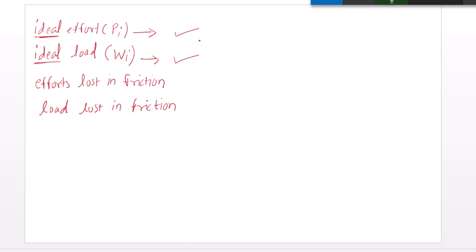Then how to find the formula for these two? We need to use one characteristic of an ideal machine, that mechanical advantage is equal to the velocity ratio. We know that the mechanical advantage is the load to be lifted divided by the efforts applied to lift the load.